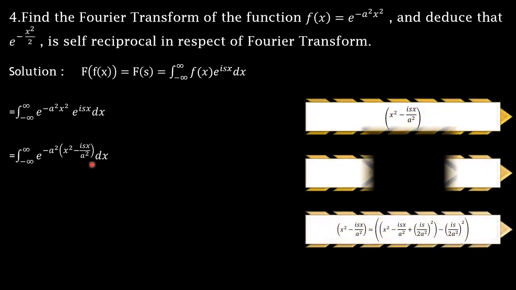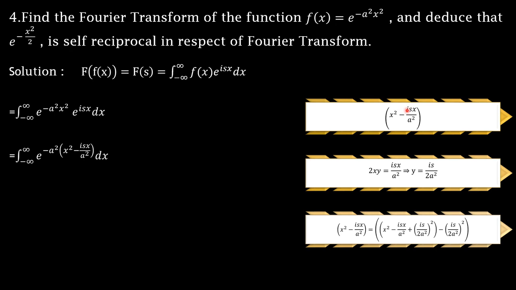Just observe the terms inside the bracket, students. Let me make it a perfect square. It is of the form a square minus 2ab, or x square minus 2xy. So what is your 2xy over here? 2xy is isx by a square, or y is equal to is by 2a square.